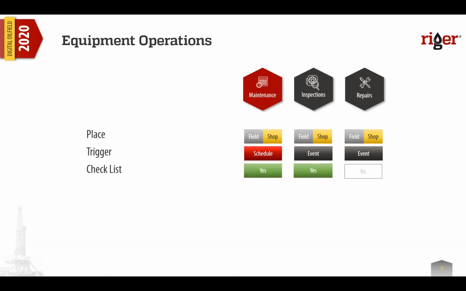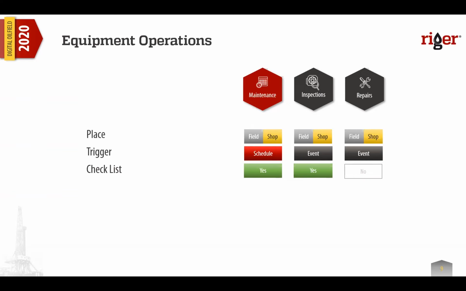The next thing which differs maintenance from inspection and repairs is that maintenance has a checklist. It's a part of the inspection, and the checklist is shared between those two modules, maintenance and inspection. So you can set up a template where you can put all the parameters which you'd like to include in the checklist.